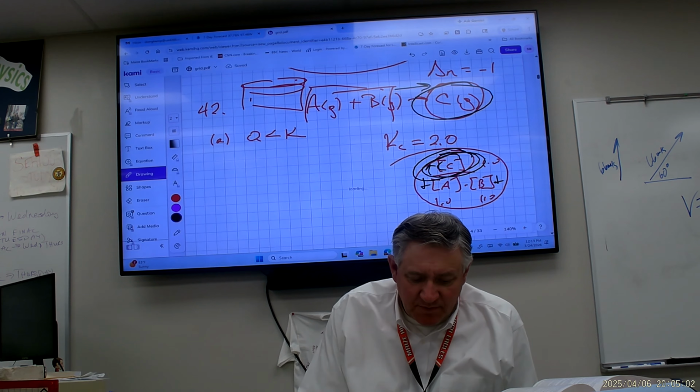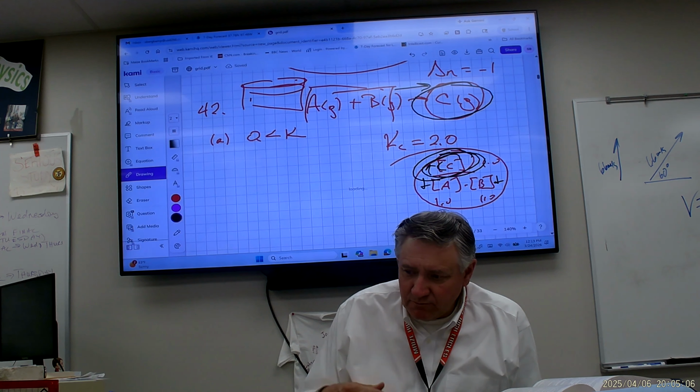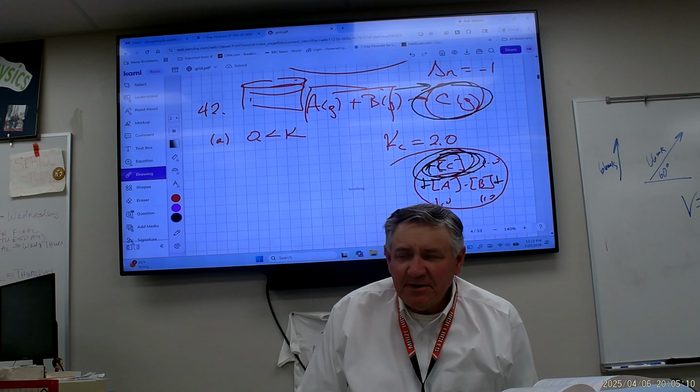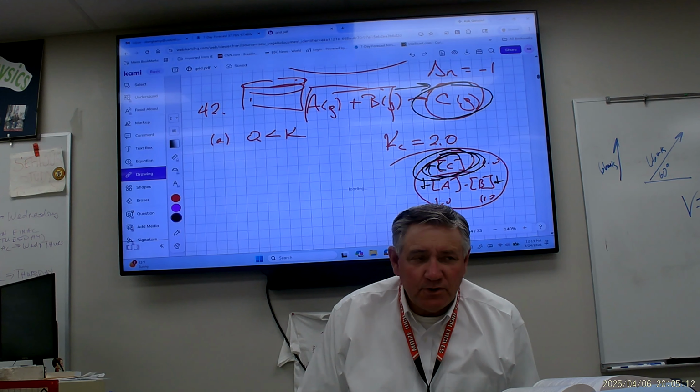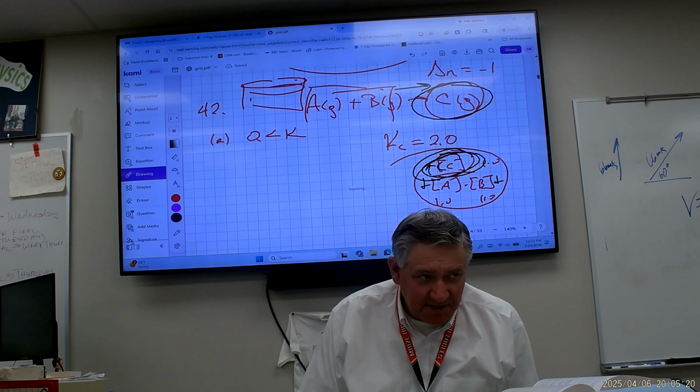Now, on 43 especially, if all you put is left or right and I don't see any calculations of Q, I'm going to be very skeptical that you actually did that and actually understand what is happening. Because those Q value calculations are a little bit complicated.